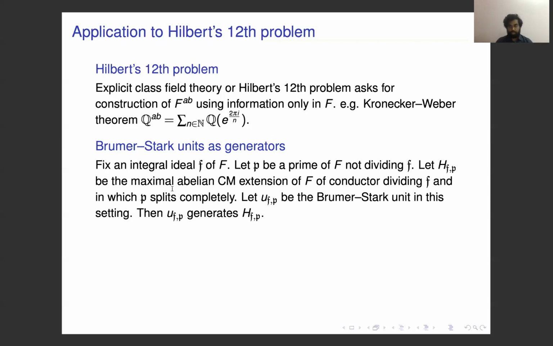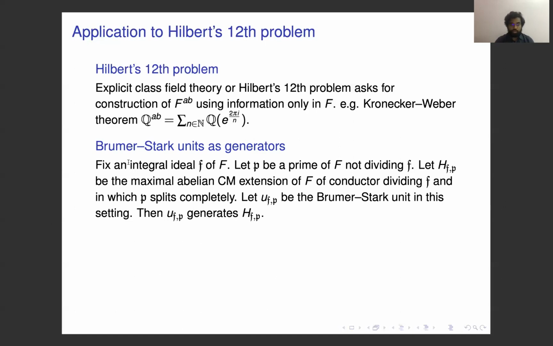So H_{f,P} is a finite extension of F, and I have the Brumer-Stark unit in this setting. Maybe P has odd residue characteristic to make everything unconditional, based on the new theorem I stated. And u_{f,P} is the Brumer-Stark unit in this setting.